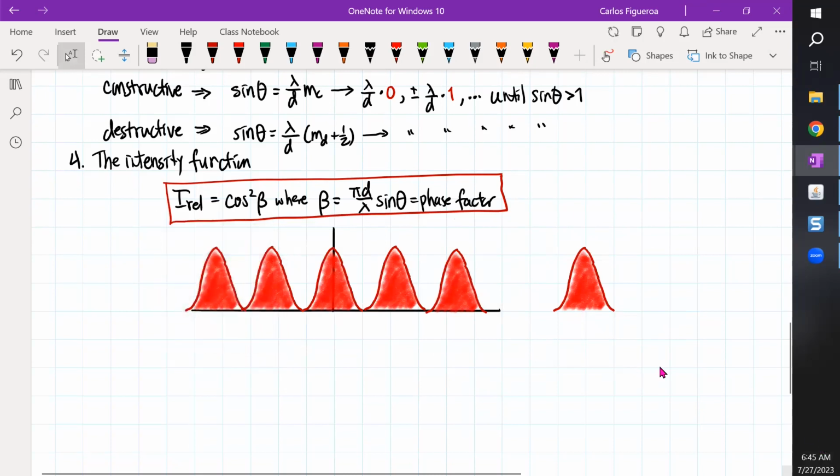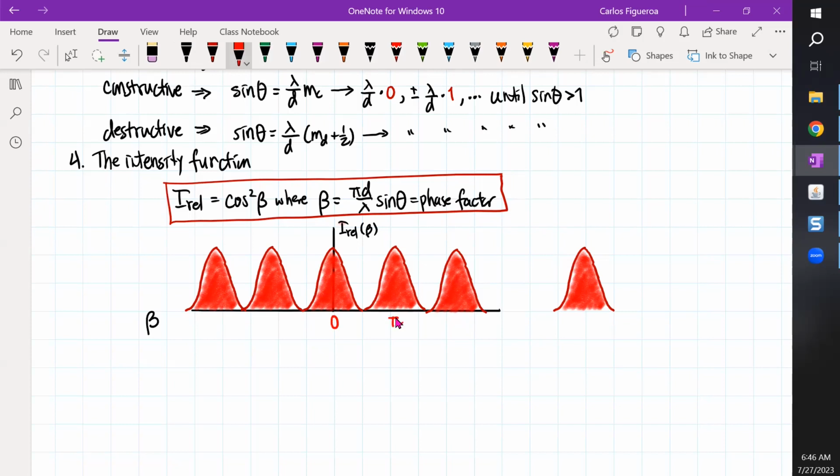And so when I look at this thing, this right here is I relative as a function of beta. The most useful way to identify where everything is at is we use this beta factor. Everywhere where I have constructive interference, I have values of pi.